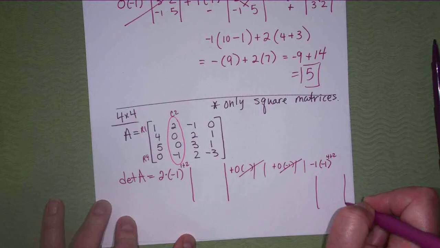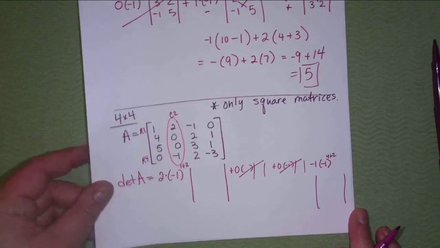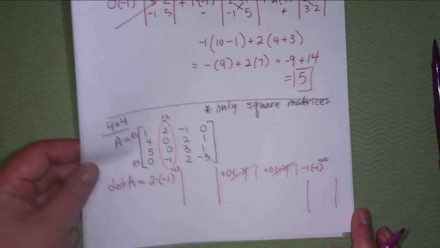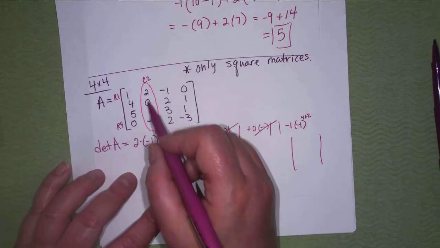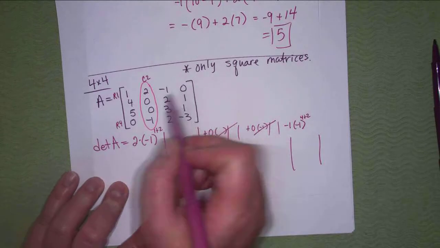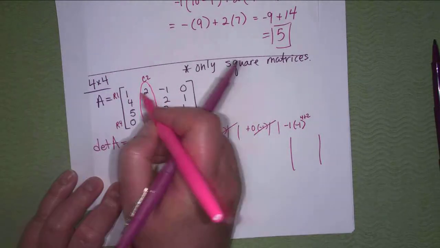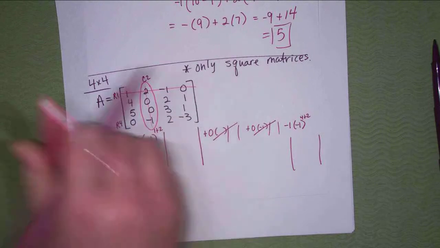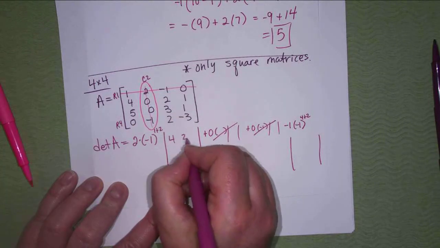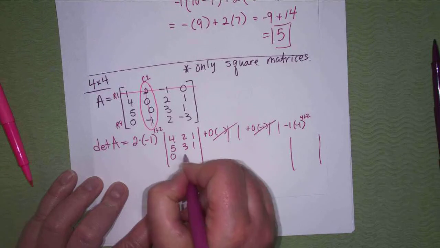And then our minor. Okay, so let's write the minors down. You don't need the ones with the 0. You just need that and that. In this first one for 2, we cross those off. So 4, 2, 1, 5, 3, 1, 0, 2, negative 3.